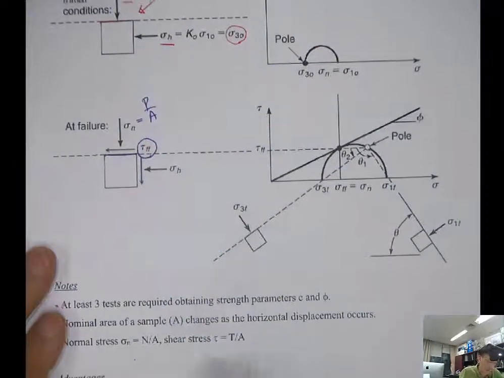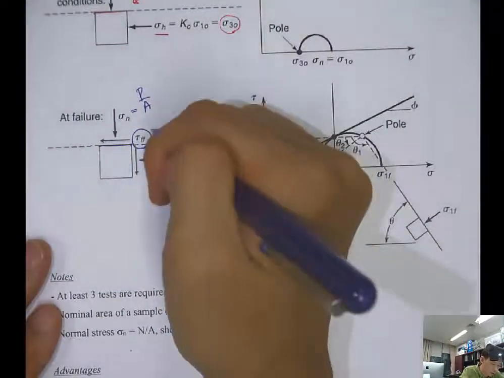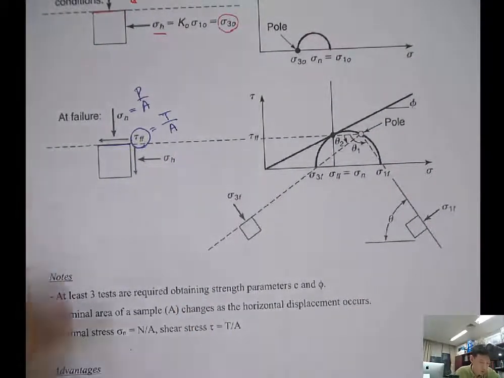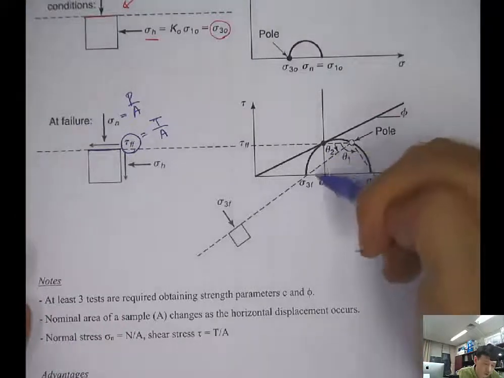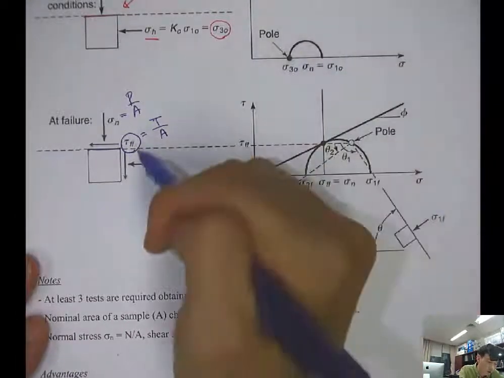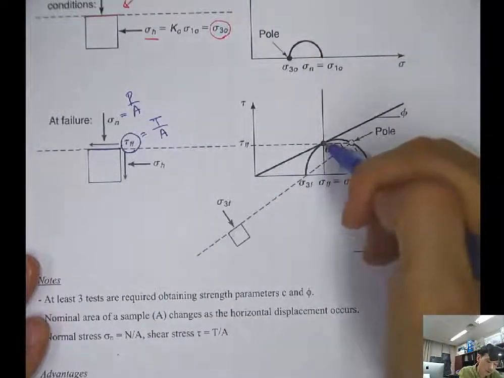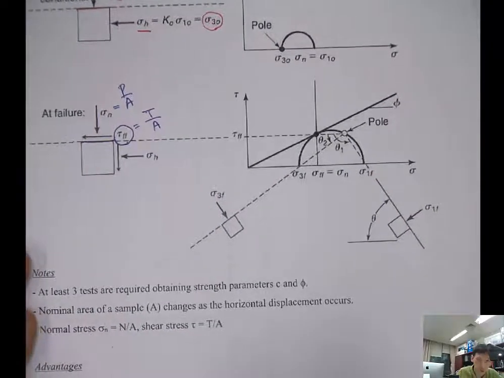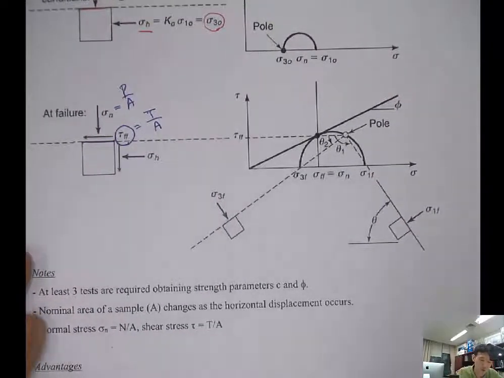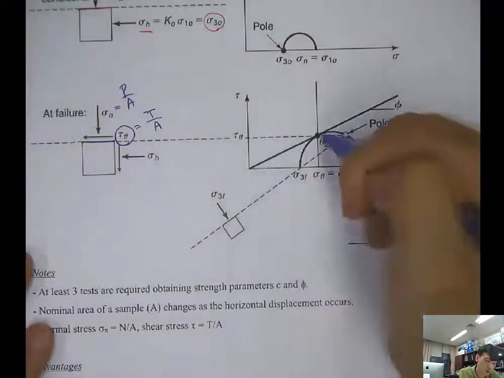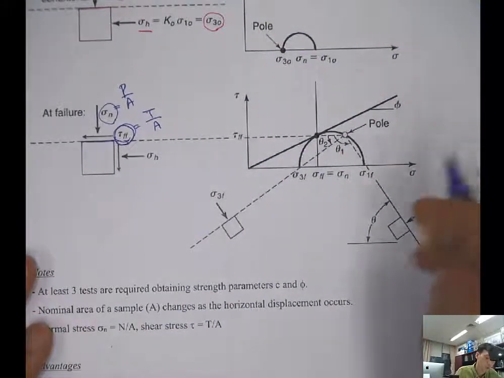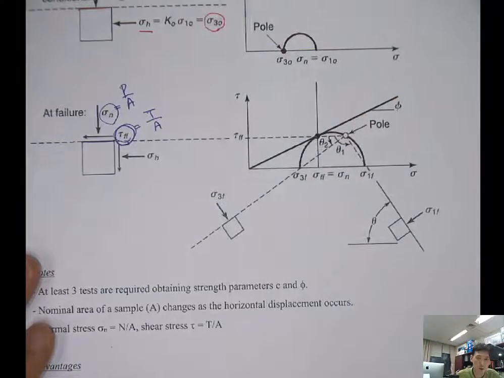So sigma n is P over A, and the tau f will be T over A. Right? So if we know the tau ff and the sigma n, we know that at some point that's causing the failure, on the failure envelope line, the stress at the failed condition will plot here: sigma ff, comma tau ff.